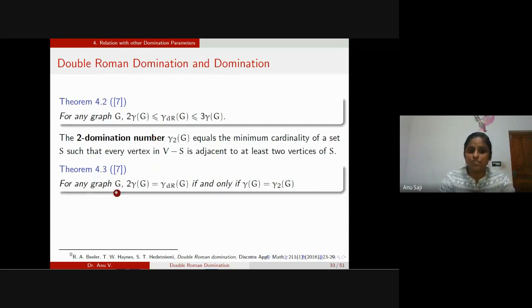For any graph G, 2γ(G) equals γ_dR(G) if and only if γ(G) is equal to γ_2(G).